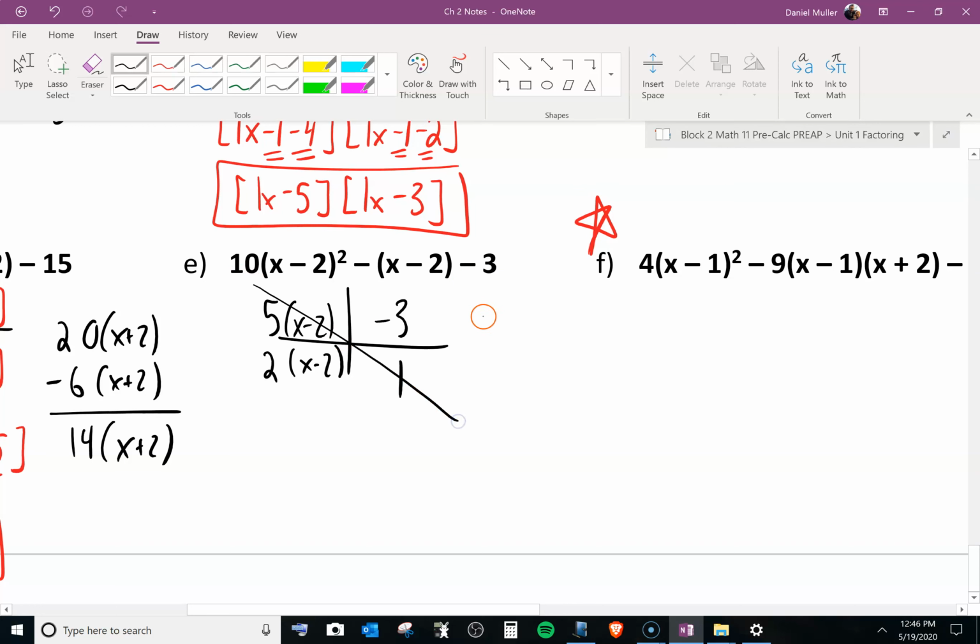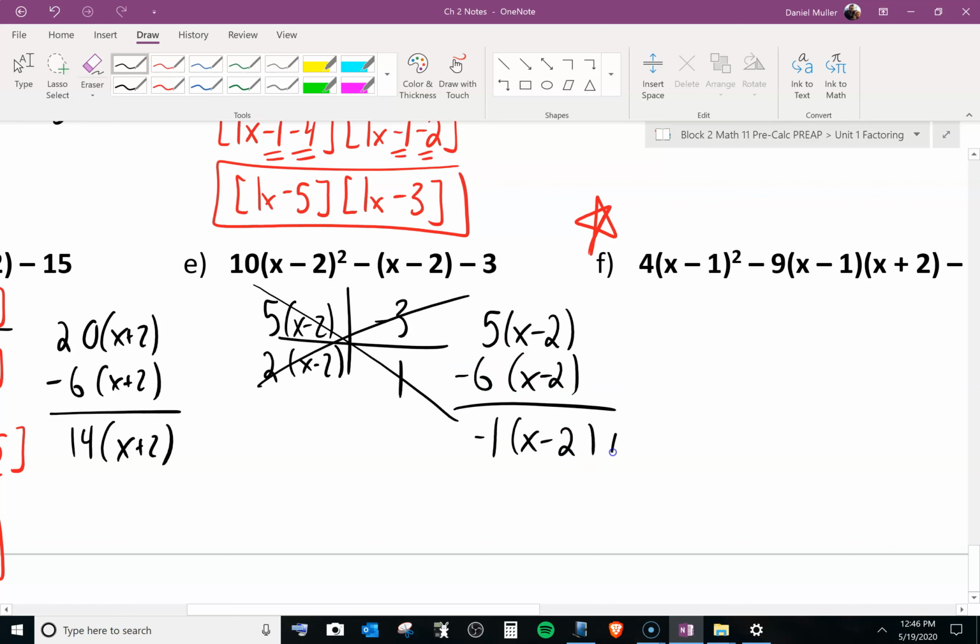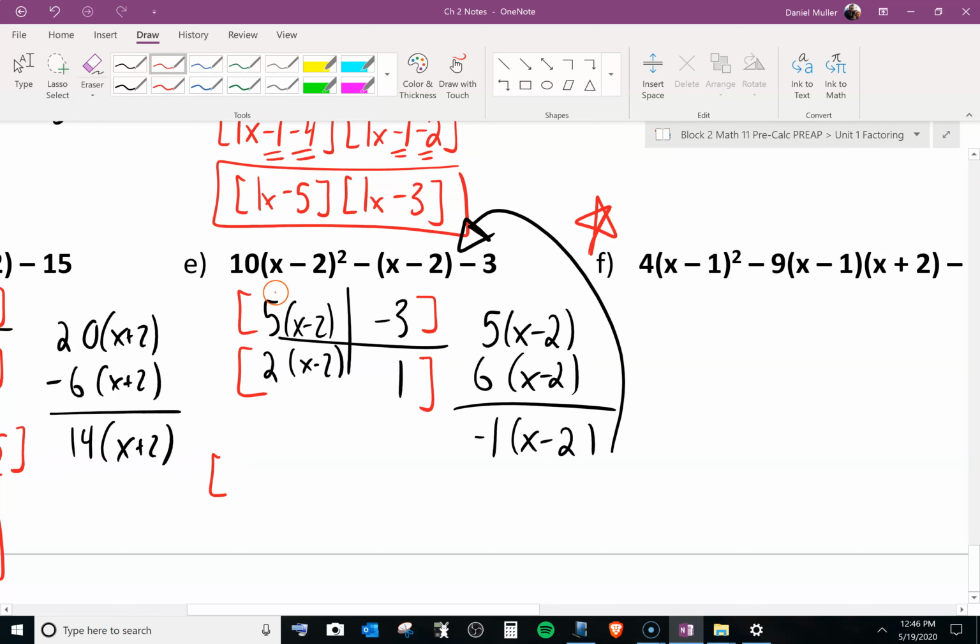So this diagonal is a 5 x minus 2, and this one's a negative 6 x minus 2. If you add those, you're going to get a negative 1 x minus 2, and that is indeed what I have. Perfect. So those are my factors. The first one is going to be a 5x minus 10, and then the minus 3.